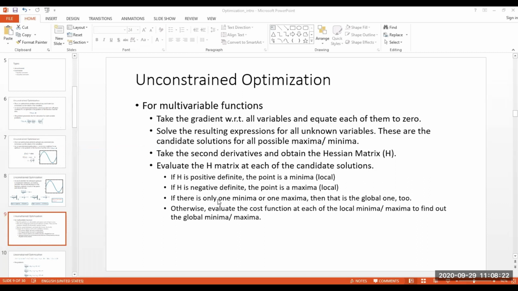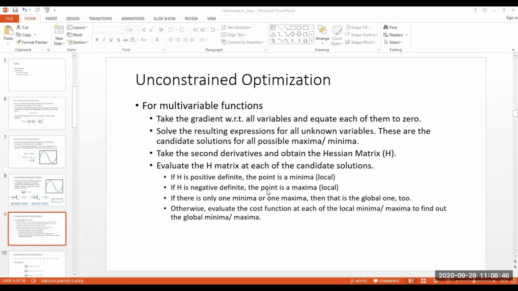If there is only one maxima or one minima, then that is the global point. That means you have found the best optimum position possible, because you only have one solution, so you don't have to decide between several solutions. You have found that it is either a maxima or a minima using these two conditions.